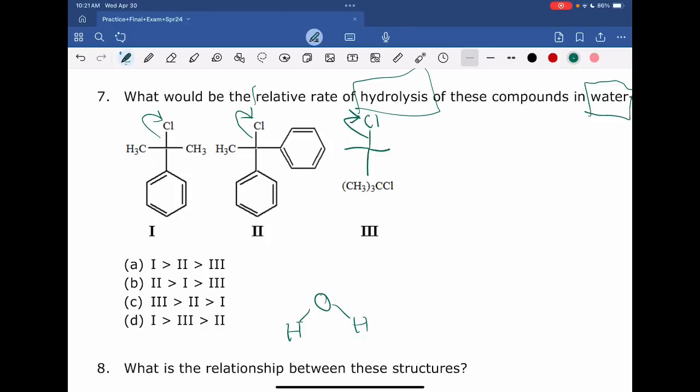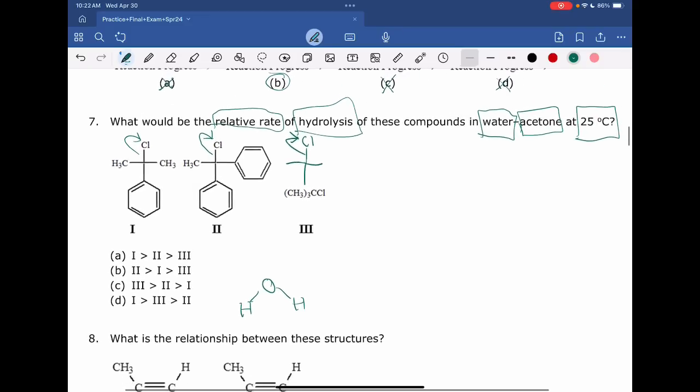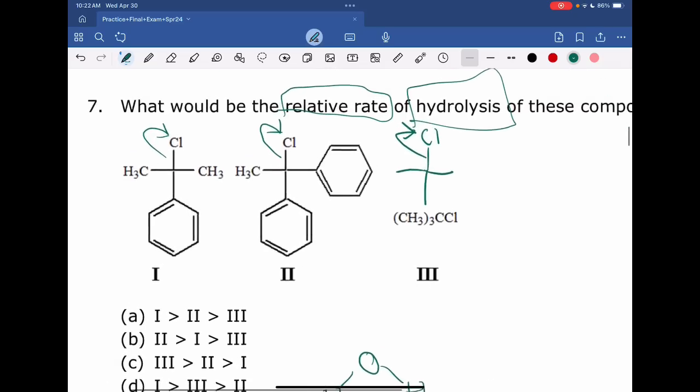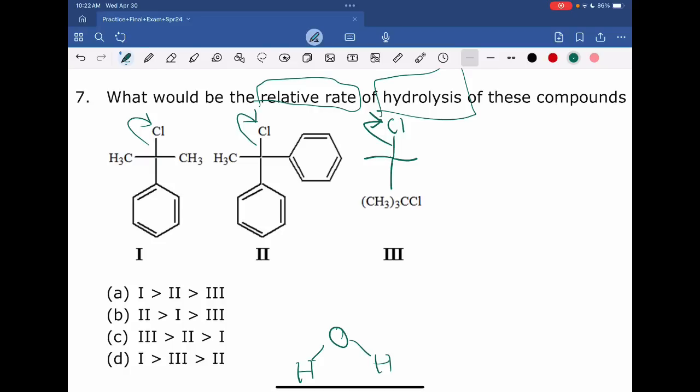And they're asking about the relative rates. So all this question boils down to is which one forms a carbocation faster. So let's look at that. These are all tertiary carbons, and the only difference is that one has a benzene, the other one has two benzenes, and the third one has no benzenes.